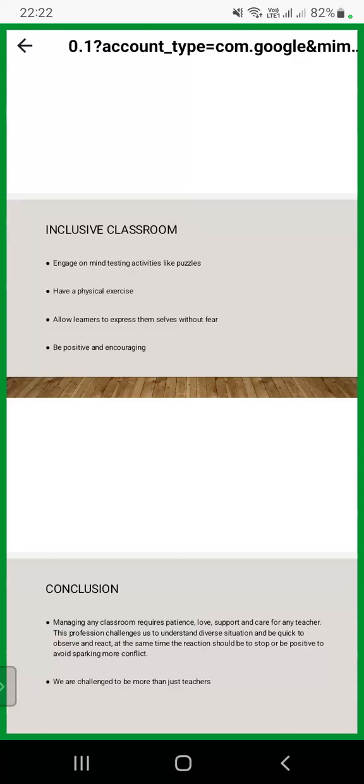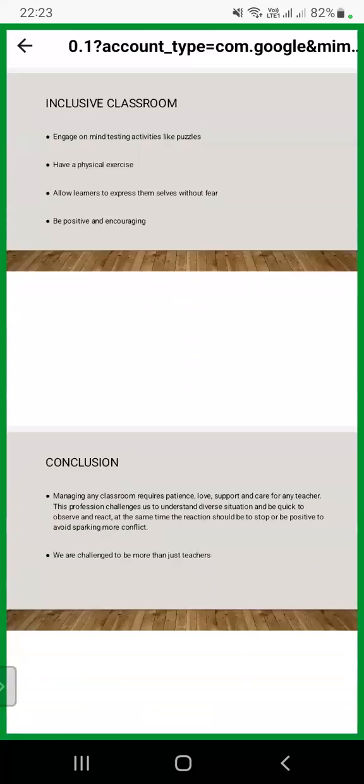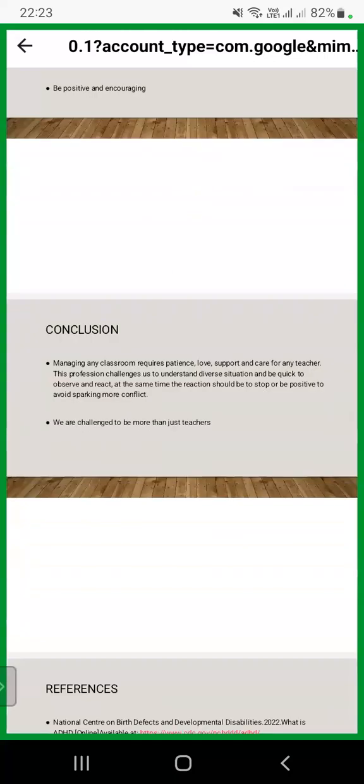That is why we always have to be positive and always give positive feedback to the learner, so that they understand that yes, the answer might not be correct now, but if you look at it this way, it might just be correct. But anyway, I will not be wasting much of your time. Let's get to my conclusion now.